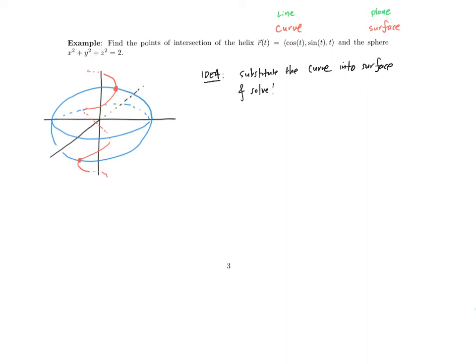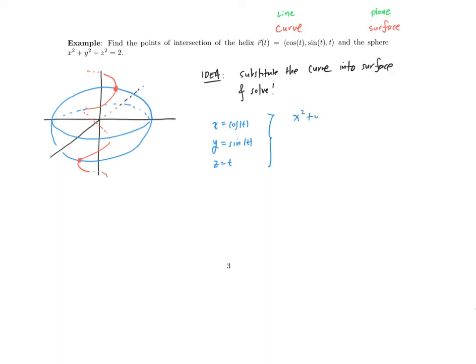If we take the parametric equations for this curve, x is cosine t, y is sine t, z is t. We now very clearly see that we can substitute those values into our surface and have an equation left over that only involves t.